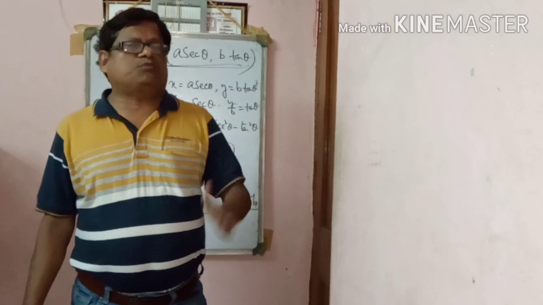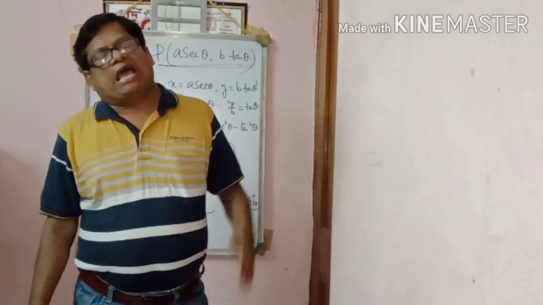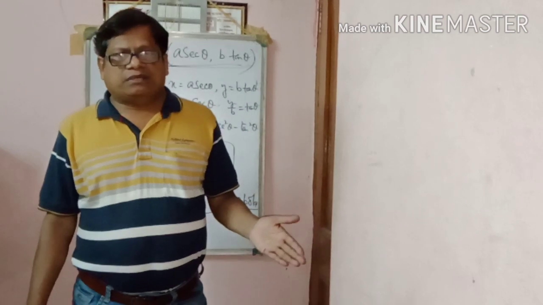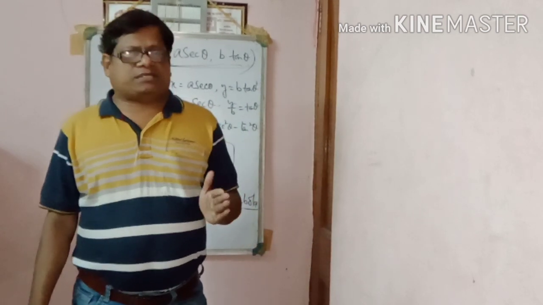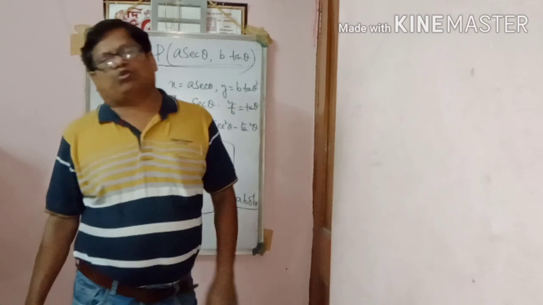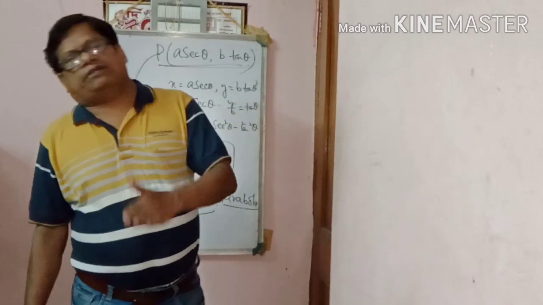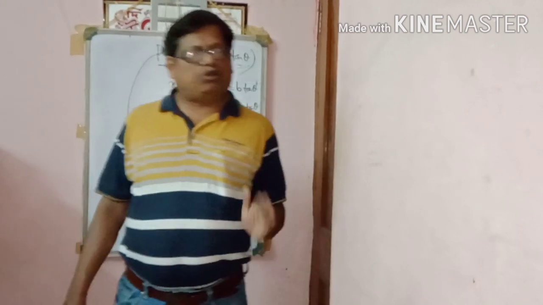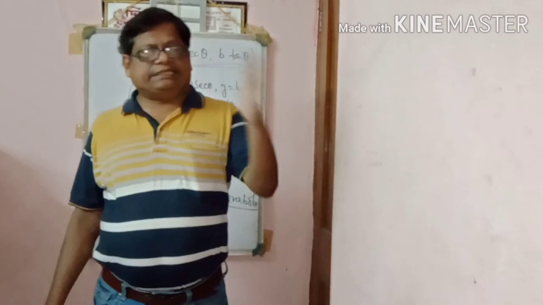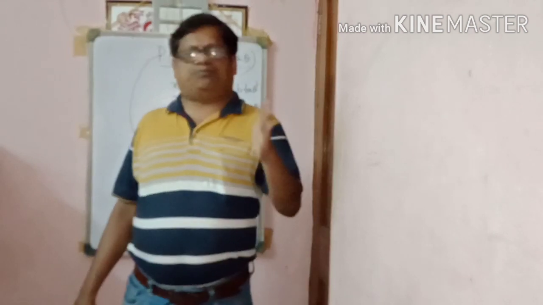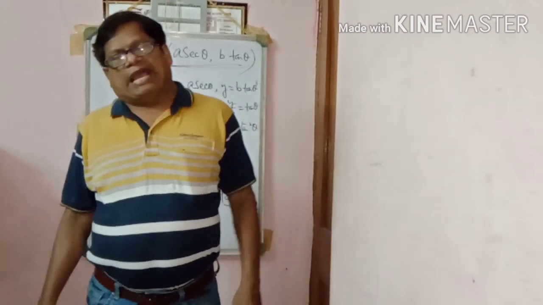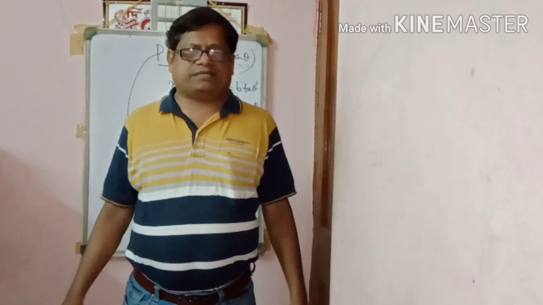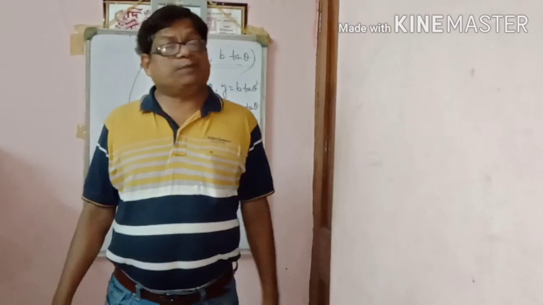This is an equation of hyperbola, and x square by a square plus y square by b square equal to 1 is the equation of an ellipse, and x square plus y square equal to r square is an equation of a circle, and y square equal to 4ax is the equation of a parabola. Keep in mind, okay?